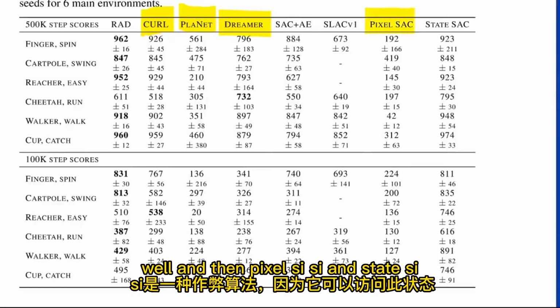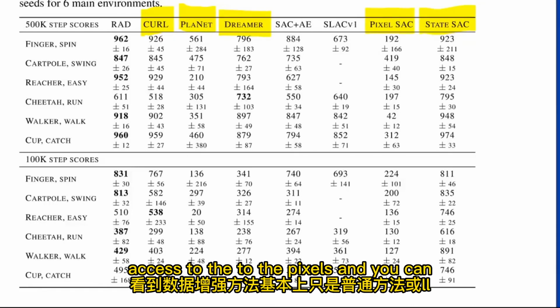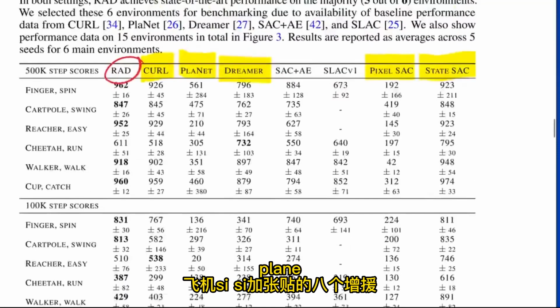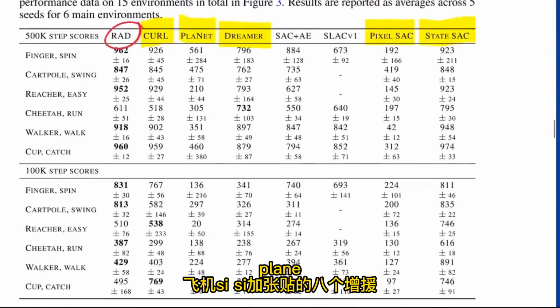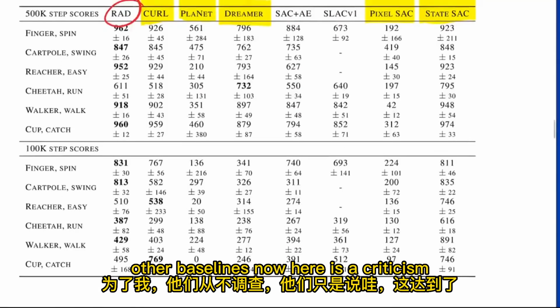And then Pixel SAC and State SAC is sort of a cheating algorithm because it has access to the state, whereas all the other methods only have access to the pixels. And you can see that the data augmentation method, which is basically just plain RL, plain PPO or SAC, plus the data augmentation, outperforms in many cases all of these other baselines.